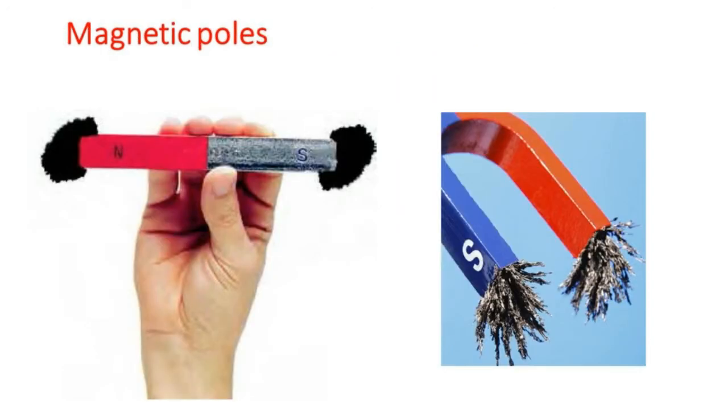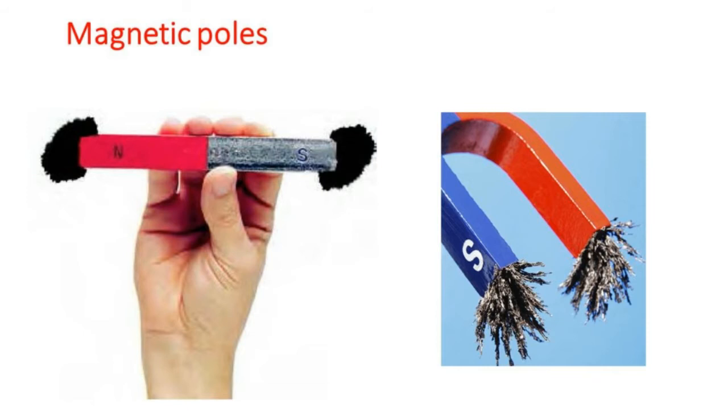Magnetic poles. To find out the magnetic poles of a magnet, we need to do a simple activity. Place some iron filings on a paper. What is meant by iron filings is nothing but small pieces of iron. Place a bar magnet horizontally in the filings and turn it over a few times. Now lift the magnet. What do you see?